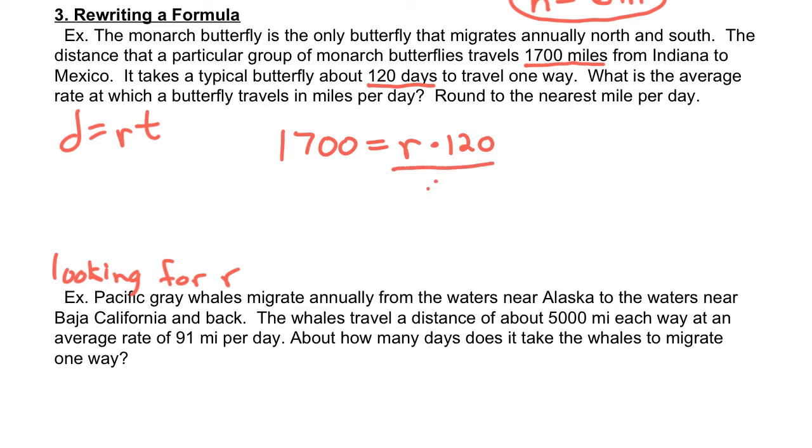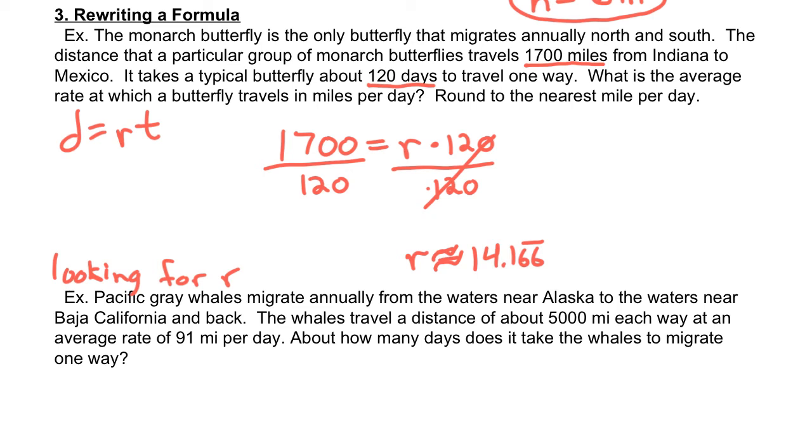And it's just one step. We divide both sides by 120. I'm going to use my calculator to divide those. And I get about, I'm going to use these little squiggly lines to say about, 14.166, and that's going to repeat forever.